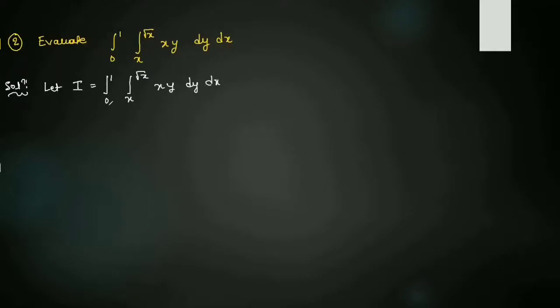Tell me, what is this variable? X. What about this? Y. Is there any possibility that this can be x, if I interchange these two? Let me write, just an example I want to give you.